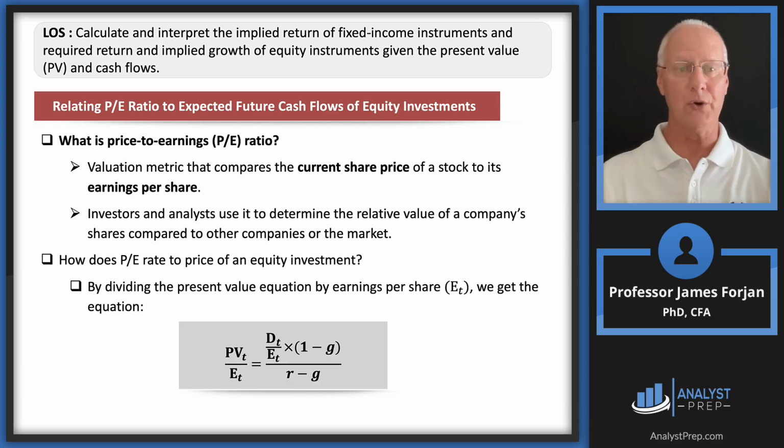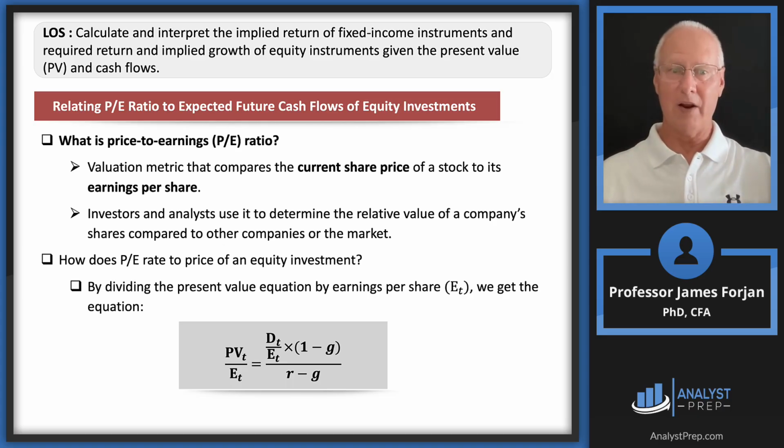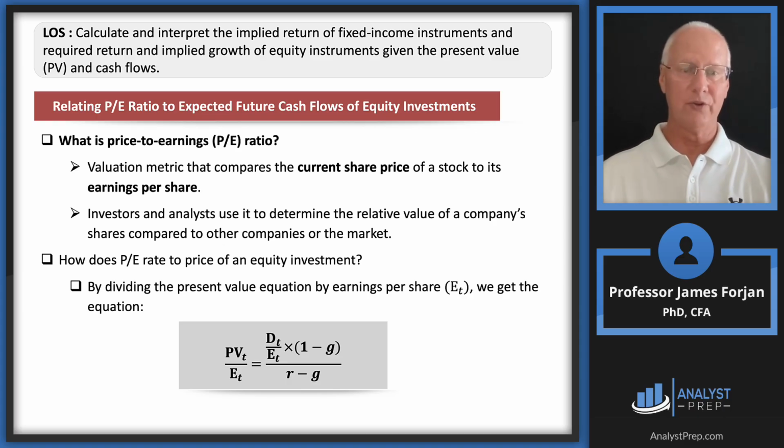Well, on the left-hand side of the equal sign, there is the present value, which is the price of a share of stock. Now, granted, it's the theoretical price. What we can do is divide that by E, the earnings per share, and then go over on the other side of the equal sign and divide the dividends by E. Right? When did we learn this? Kindergarten, first grade, third grade, fifth grade, that when you divide both sides of an equal sign by the same number or the same variable, you do nothing to the equality.